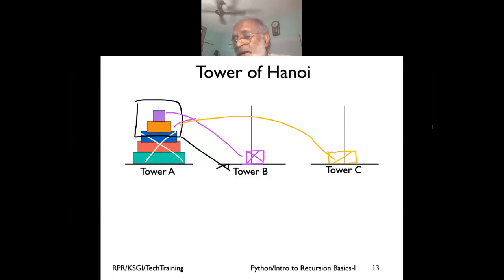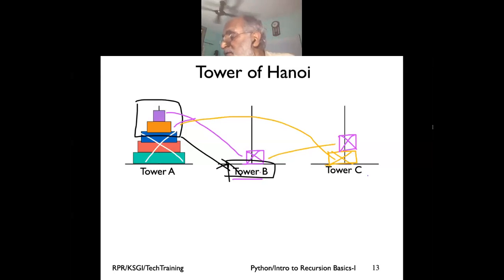Then what should I do next? Take the purple to C. Purple to C, yeah. When it goes here, did I move these 2 disks to tower B or to tower C? What I wanted was to move to tower B. Remember, this was the objective.